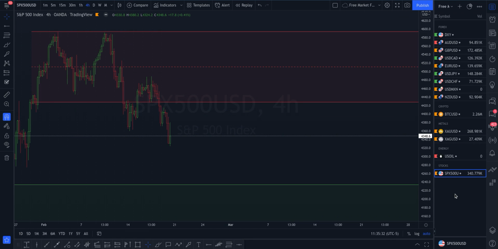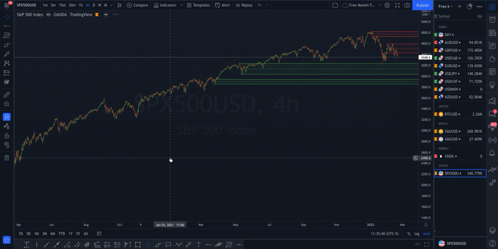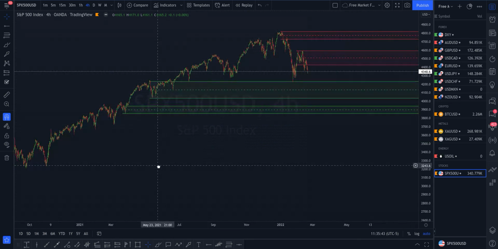All right. Ooh. And let's see here. Institutional bias is consolidation. The S&P 500 has been on a downpour, if you will. Has not bottomed out just yet.